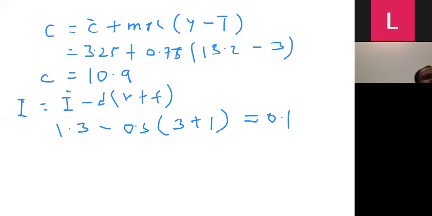Now the next one that we are looking at is net exports. So net exports in this case is the autonomous part, which hasn't changed. It is still -1. Sorry, let me write the formula so that people do not get lost. Net exports equals net exports A minus XR, right?